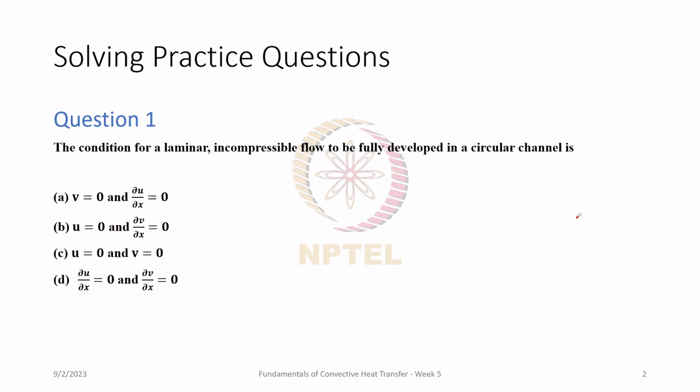Here's question number 1 of today's session, which asks: the condition for a laminar incompressible flow to be fully developed in a circular channel is. There are 4 options given below which refer to different physical states of the system that correspond to a fully developed flow in a circular channel.